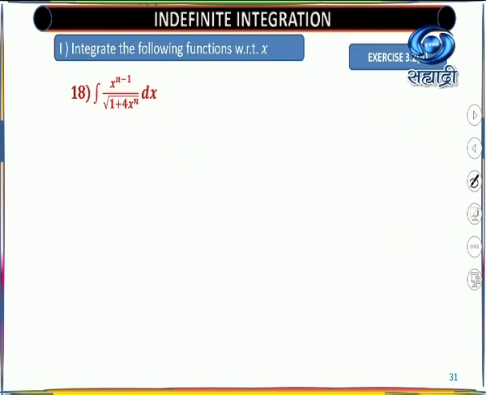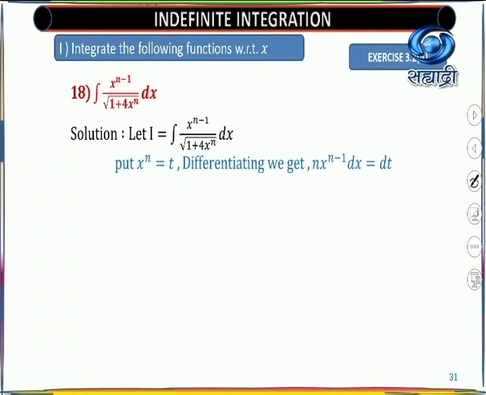Okay, so we'll start our function. That gives you, let I equal to integral x raised to n minus 1 upon root of 1 plus 4 x raised to n dx. So substitute x raised to n equal to t. Differentiating, we get n into x raised to n minus 1 dx equal to dt.